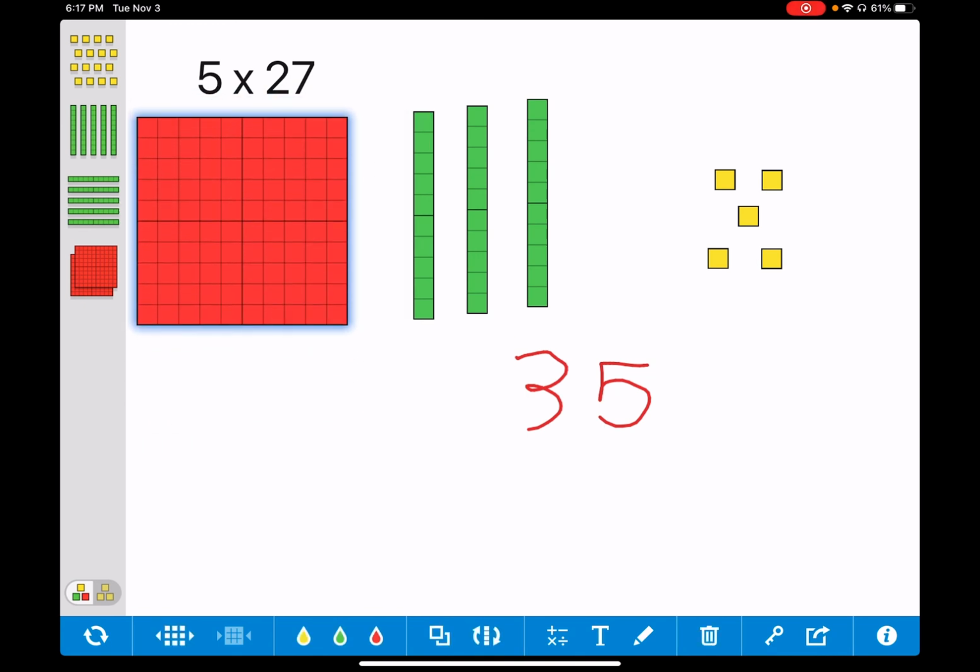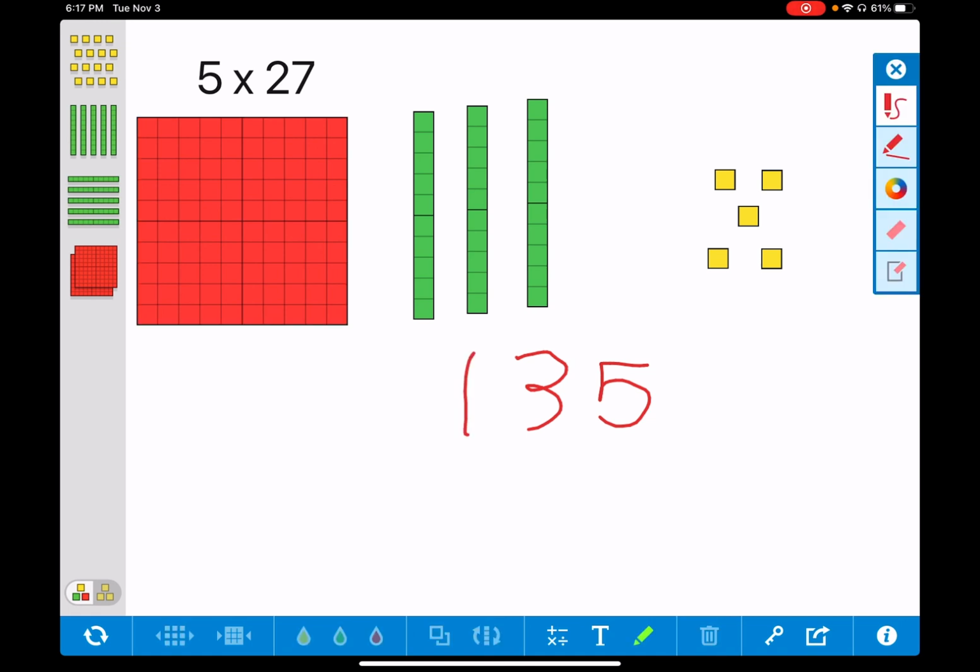So I write a 1 in my hundreds place. I have 100, I have 3 10s, and I have 5 1s. So my answer is 135. That means the product of 5 times 27 equals 135.